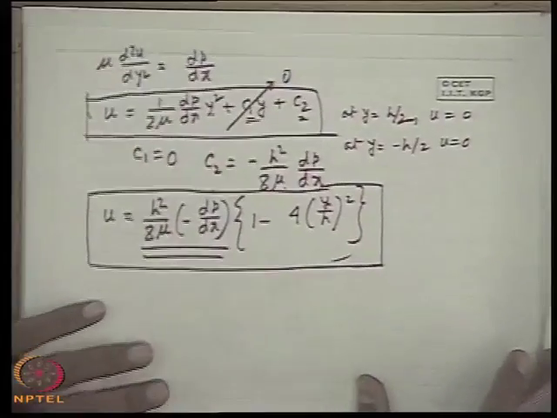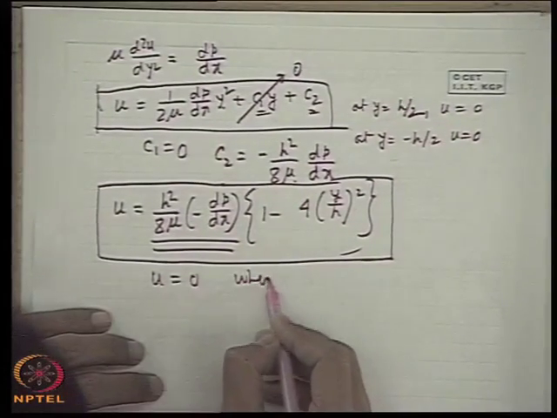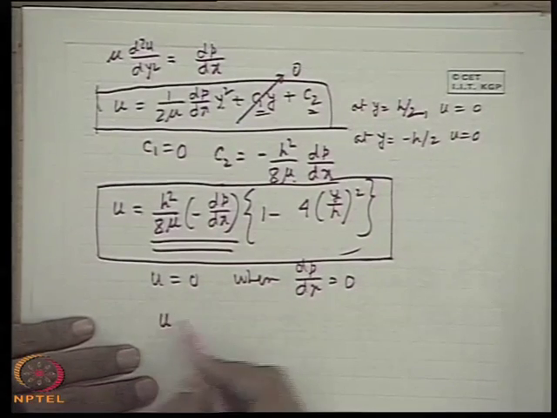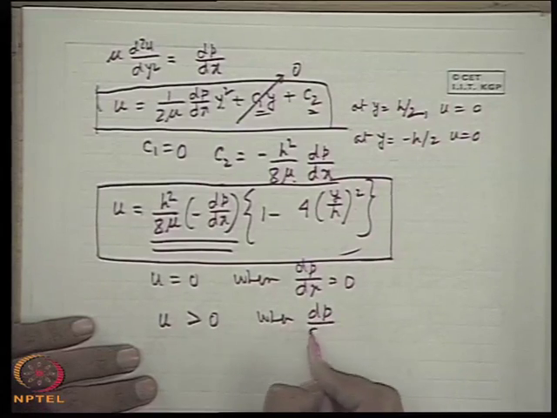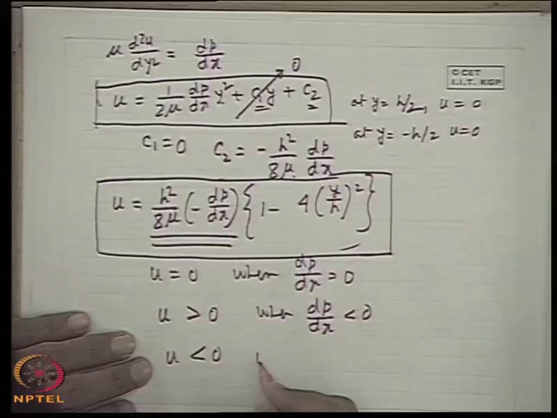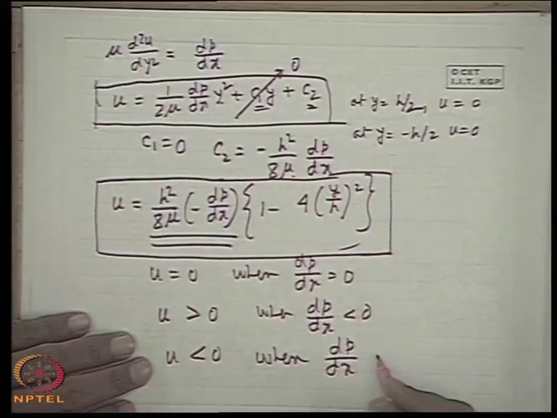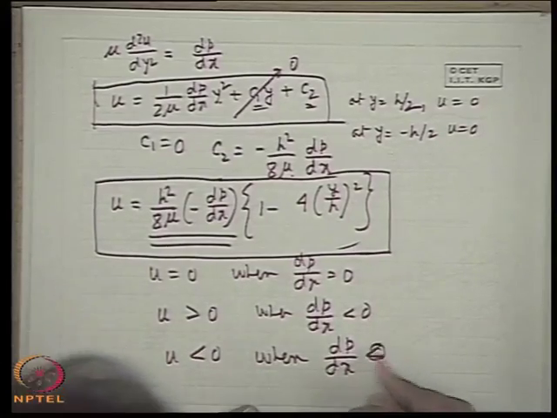But one interesting thing here is that u is 0 when dp/dx is 0. Similarly, u is greater than 0 when dp/dx is less than 0, and u is less than 0 when dp/dx is greater than 0.